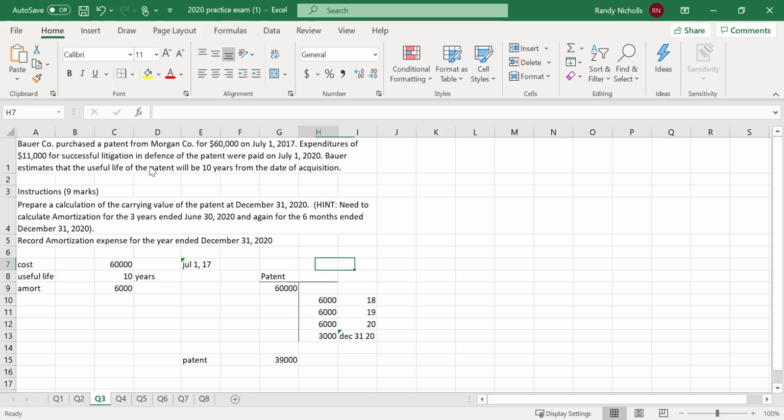So if we look at that, it's going to get added to the value of the patent, so it would be in the same account, but just for demonstration, I think we'll track it separate. I'm going to put 11,000 in.